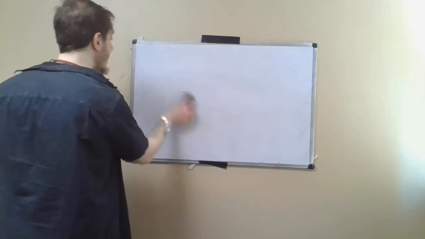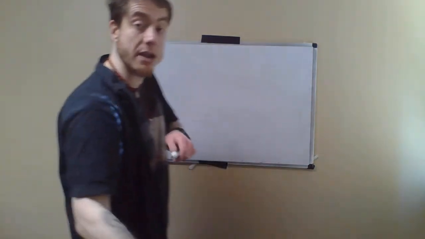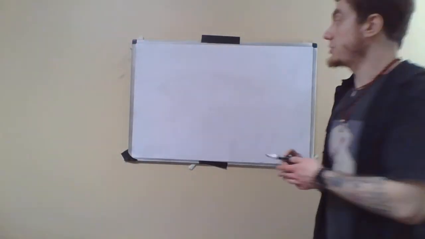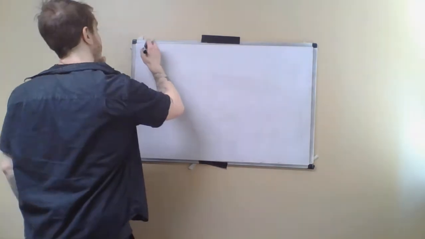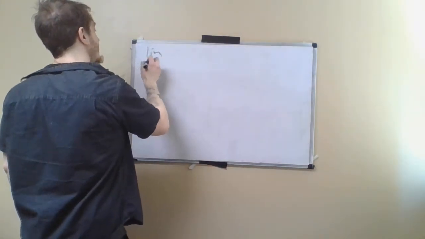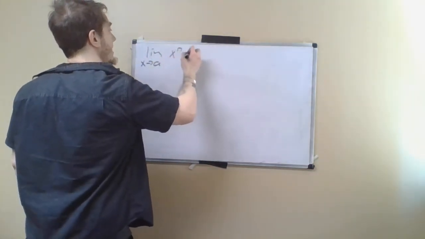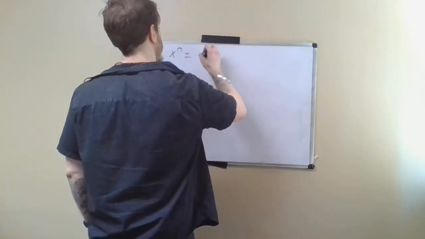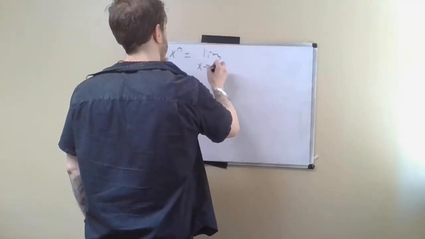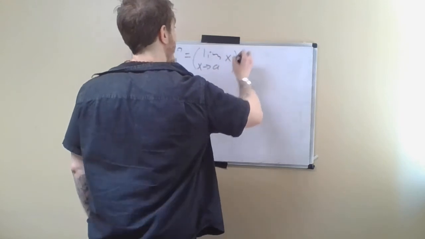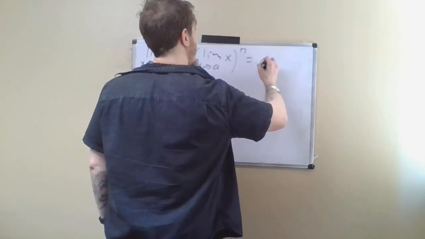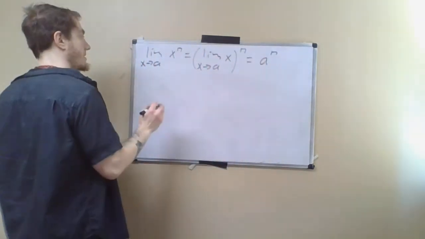If you do an identical argument, you can show that the limit for any polynomial can be computed by just evaluating it. So what we can say is that the limit as x approaches a of x to the n breaks up into the limit as x approaches a of x raised to the nth power, which is just a to the n.